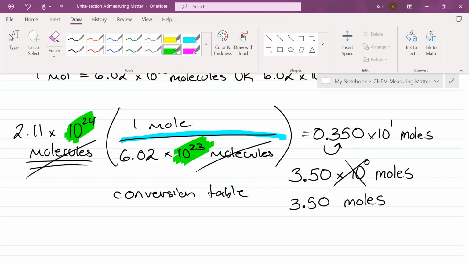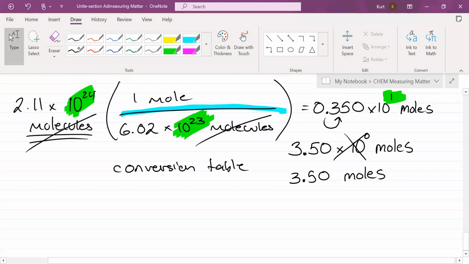And there, that is, right there. But then you have to remember that you have to put your numbers in proper scientific notation. Shift the decimal 1 to the right. Instead of being 0.350 times 10 to the first, it'd be 3.50 times 10 to the 0, which is no scientific notation is needed. All right, and that gets us through that.